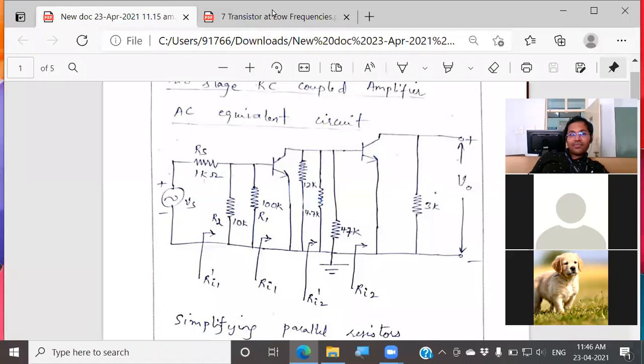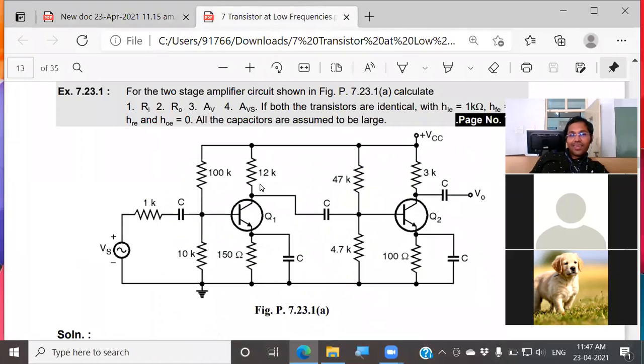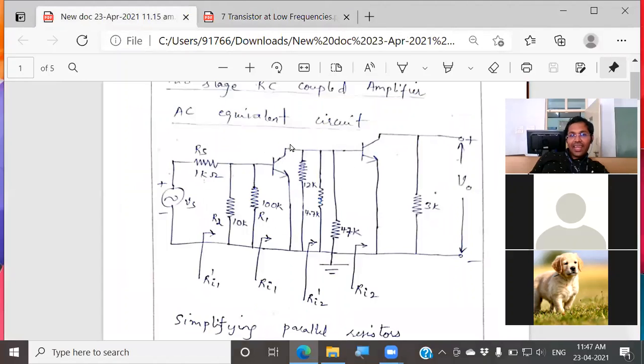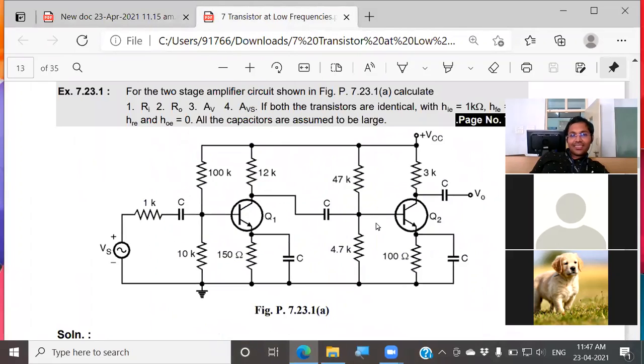Next, what do we have? Here we have a 12K resistance from collector to ground. Next, what are the other resistors? Now same logic. Here these two resistors were in parallel. So now for the AC equivalent, these two resistors will be in series or parallel?